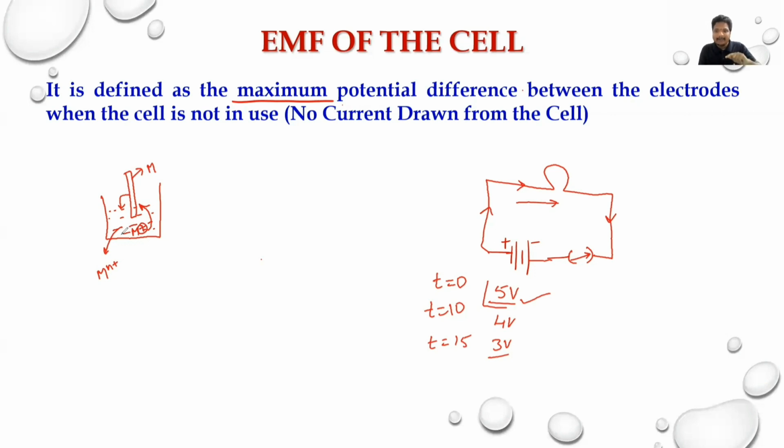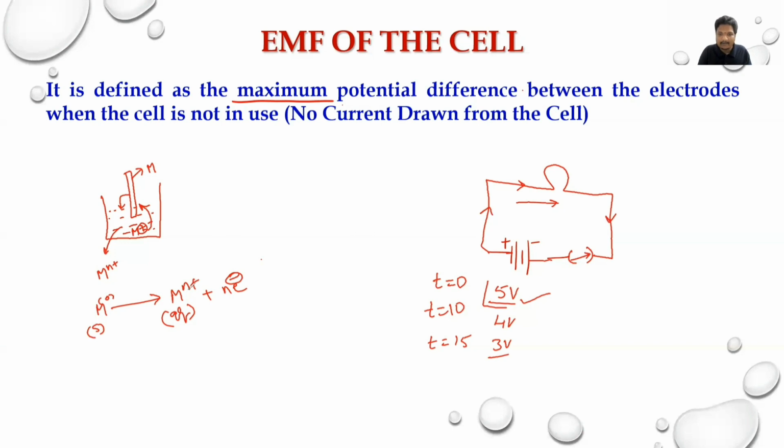One is that the metal atoms on the surface of the metal try to come into the solution by losing electrons. This metal loses electrons and is converted into an ion, so it gets into the aqueous solution. This process is called the oxidation process. From zero oxidation state to n plus, there is an increase in oxidation number.